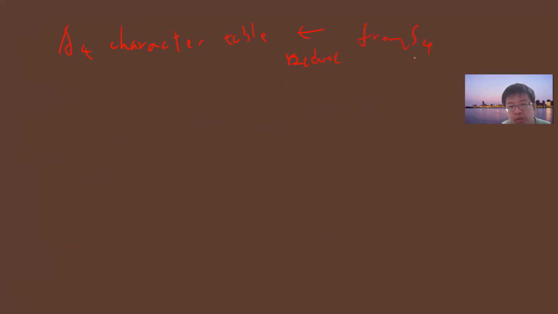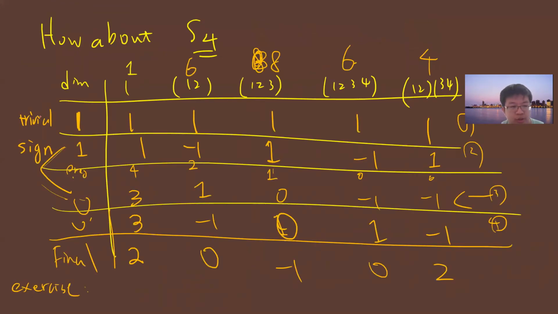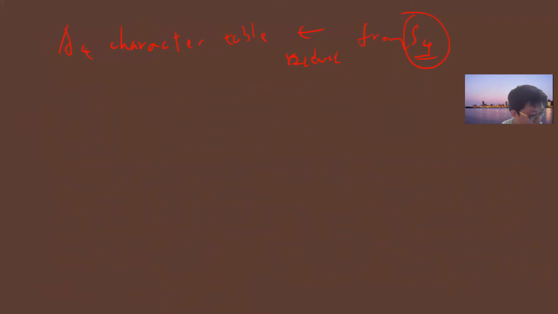Suppose you have some irreducible representation in S4, and then you reduce it into A4. There's a chance that some irreducible representation will become reducible in a smaller group, because you reduce your symmetry. But in most cases, we can just reduce all of it into the A4 table, and once we do this, we can get an answer.